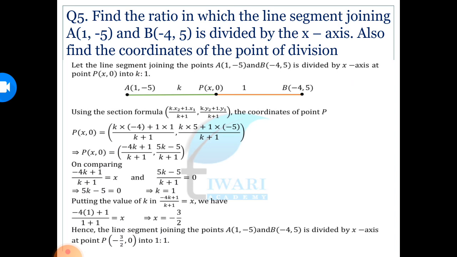So we are getting (-4k + 1)/(k + 1), (5k - 5)/(k + 1). Children, here we cannot equate the x coordinate because the x value is also unknown to you. So for finding the value of k, we have to equate the y coordinates on both sides. So we get (5k - 5)/(k + 1) equal to 0. That means the k value is coming as 1.